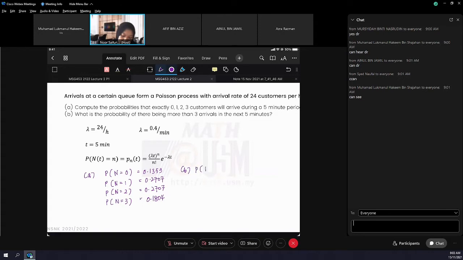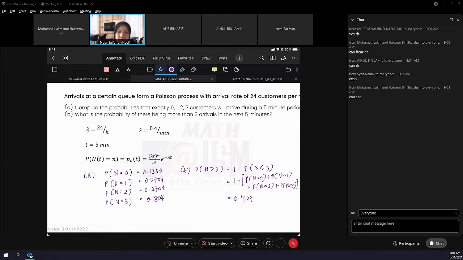So your n greater than 3, so what you have to do is 1 minus the complementary event, 1 minus probability of n equals to 0 plus probability of n equals to 1 plus probability of n equals to 2 and then plus probability of n equals to 3 that you calculated earlier in part A. Okay, so you should get 0.1429. Okay. So that is example 2.1, right?